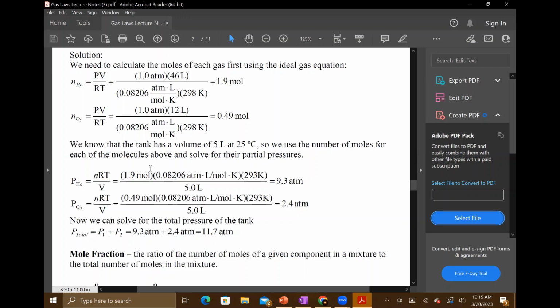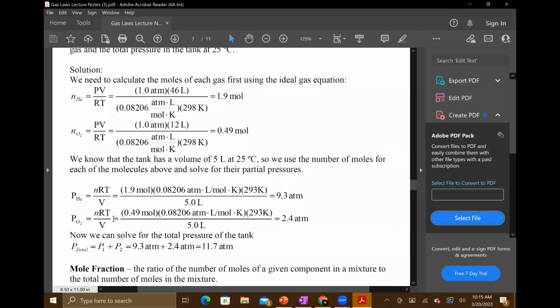So I know that we've kind of gone through that fairly quickly, but does everyone have some comfort in how Dalton's law is used? Everyone good with this equation here and what it means?